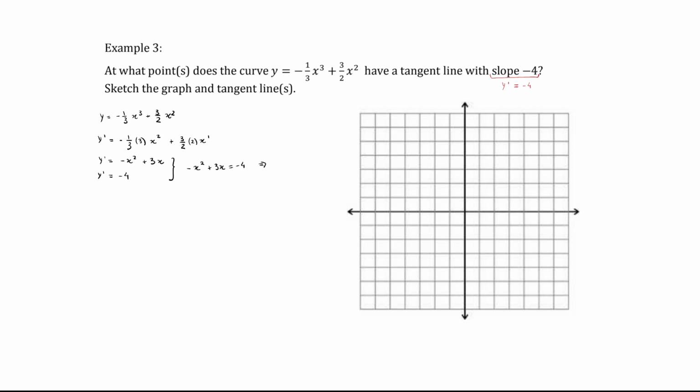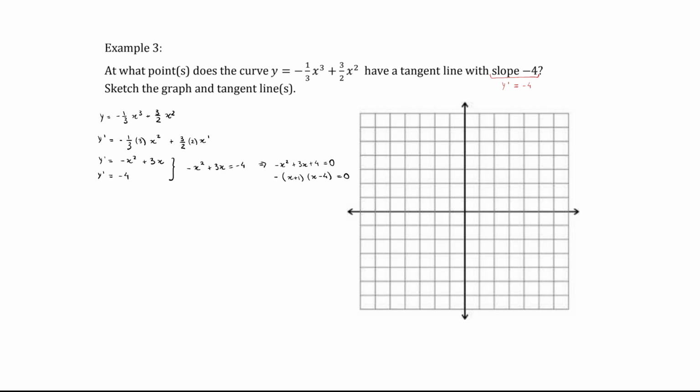Rewriting this as a quadratic equation, I'm going to have -x squared plus 3x plus 4 is equal to 0, which I can factor as (-x plus 1) times (x minus 4) is equal to 0.